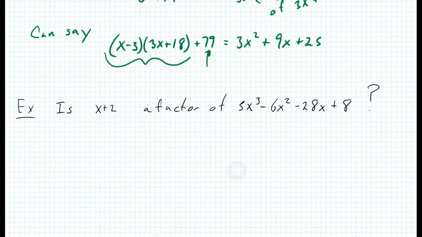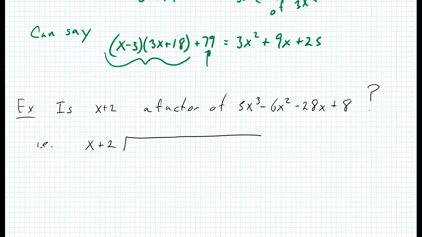So let's check it out by doing long division. We're going to do x plus 2, and see if it goes evenly into 5x cubed minus 6x squared plus 28x plus 8. Oops, I think that's a minus 28x. And go through the process and see if it can be written evenly.